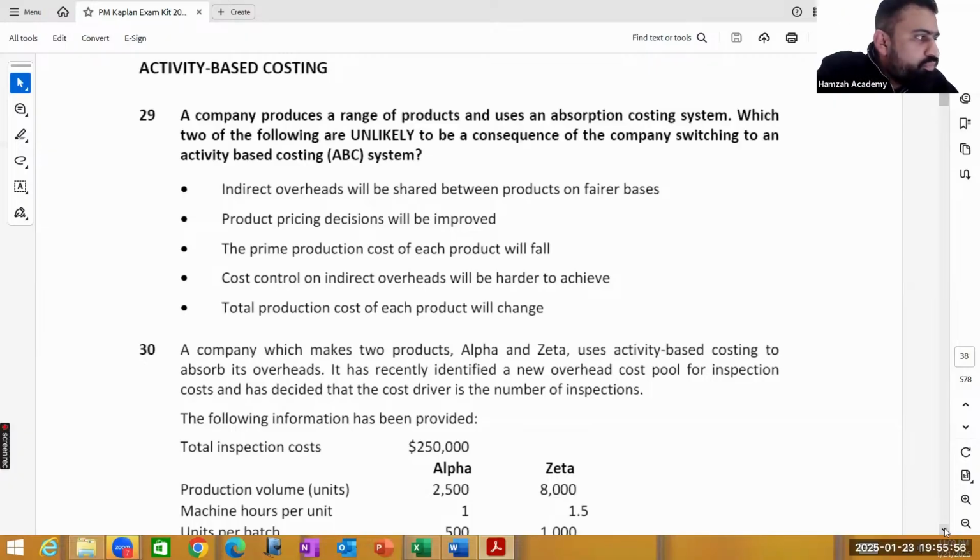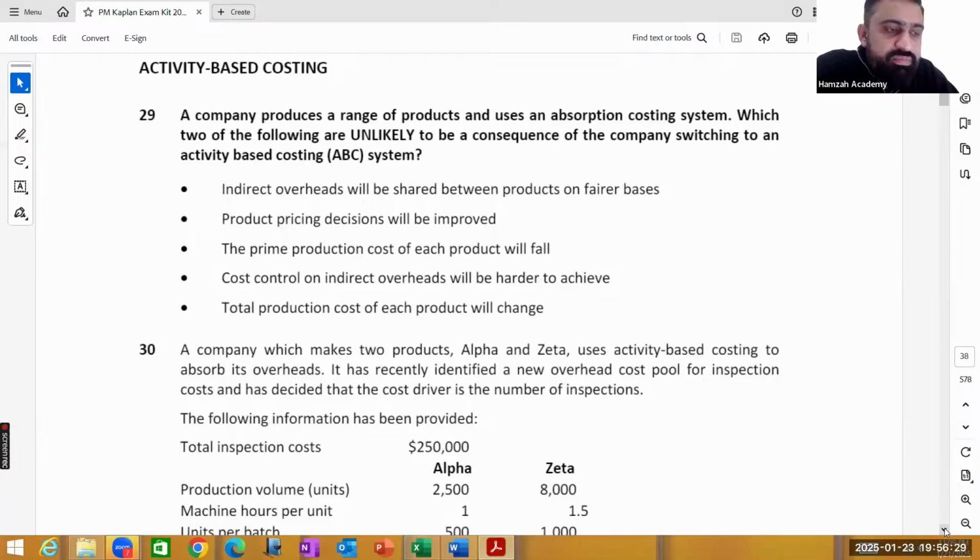Number one, the indirect overhead will be shared between products on a fair basis. If we switch to ABC, is it unlikely that indirect overheads will be shared between products on a fair basis?